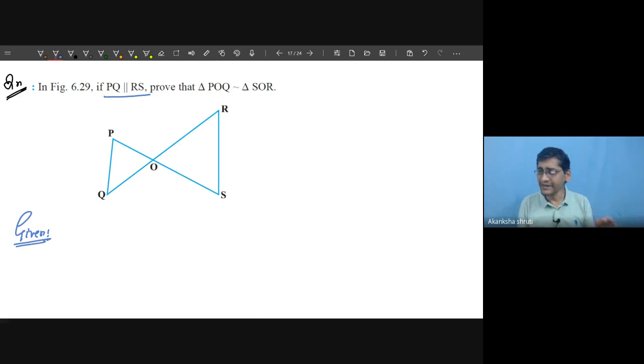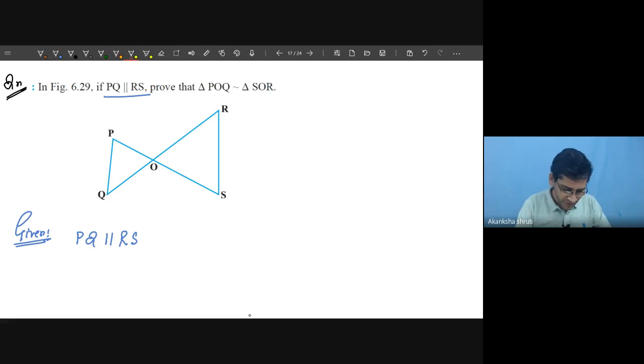Because from this given condition we can write everything as per the requirement of the theorem. So that's why you should always put the habit of writing the given condition. So PQ is parallel to RS.